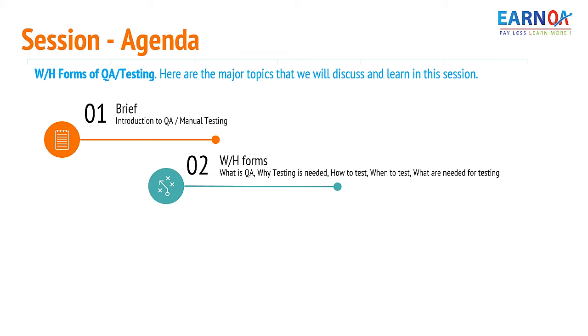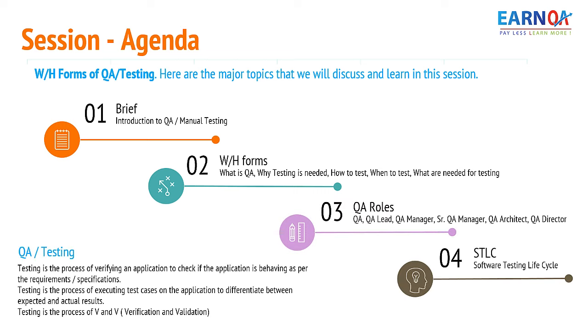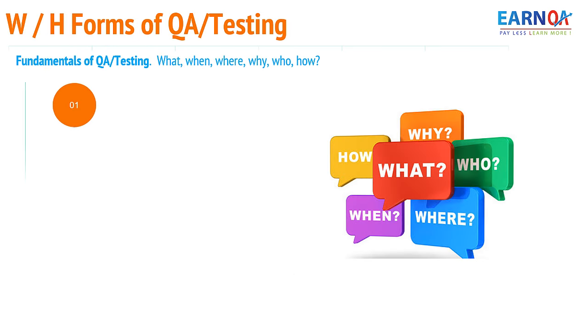We will deal with what is testing, why do we need it, when do we start, when do we stop, how do we test, how can we test, and what things are required for testing. So we are going to learn each and everything step by step. Let's get started. And then we would talk about the complete QA career path, and then we move on and discuss the software testing lifecycle.